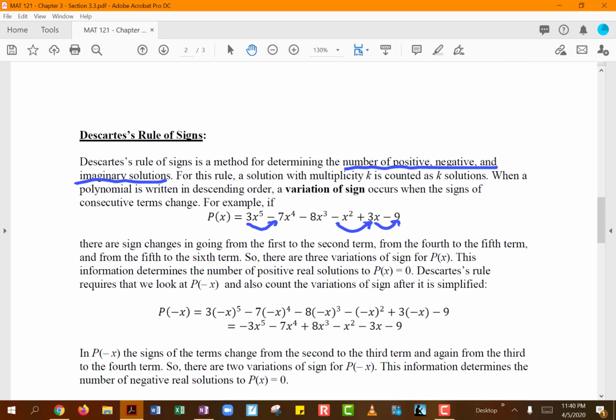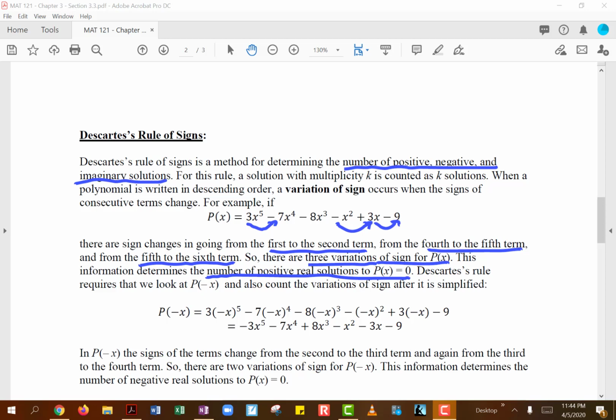They're saying the signs are changing from the first to the second term, which is what we had with this first arrow that I drew, from the 4th to the 5th term, so that's going from negative x squared to positive 3x, and from the 5th to the 6th term, which was going from 3x to minus 9. So they are saying there are 3 variations of sign for the original polynomial p of x. So this actually tells you the number of positive real solutions you can have.